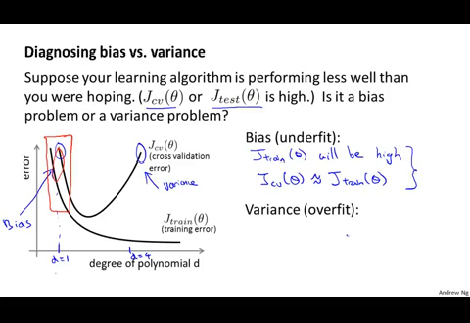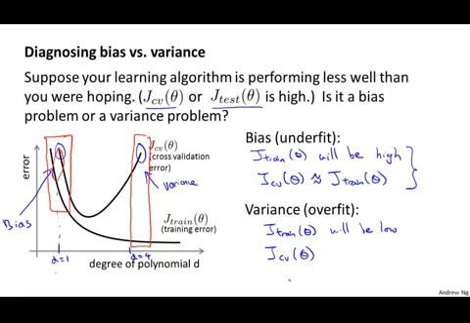In contrast, if your algorithm is suffering from high variance, then if you look here, we'll notice that J_train, that is the training error, is going to be low. That is, you're fitting the training set very well, whereas your cross-validation error, assuming that this is, say, the squared error which you're trying to minimize, or your cost function on the cross-validation set, will be much bigger than your training set error.